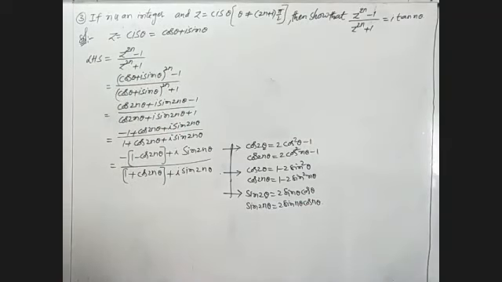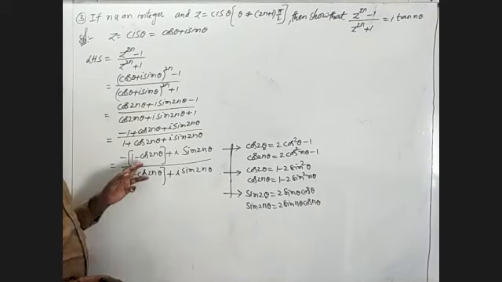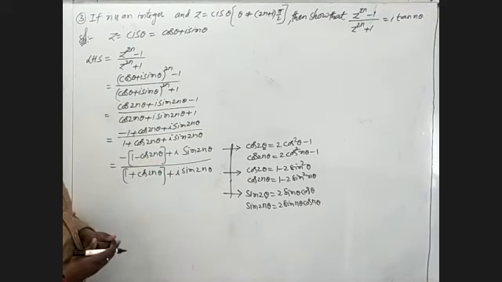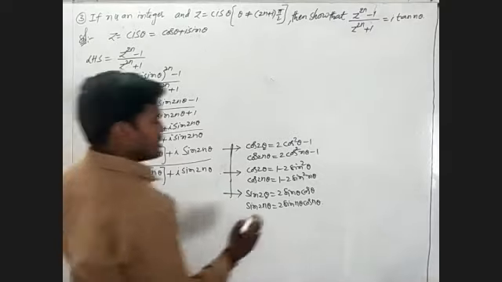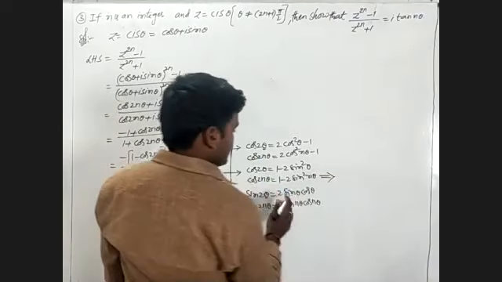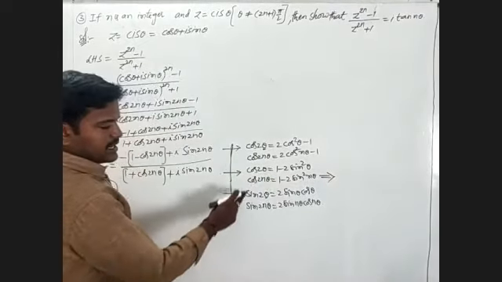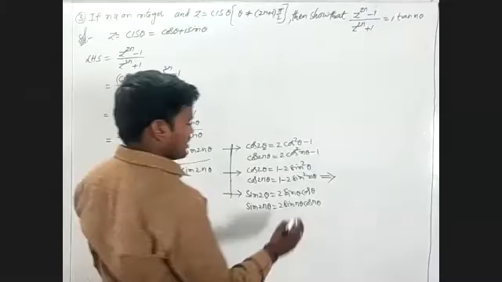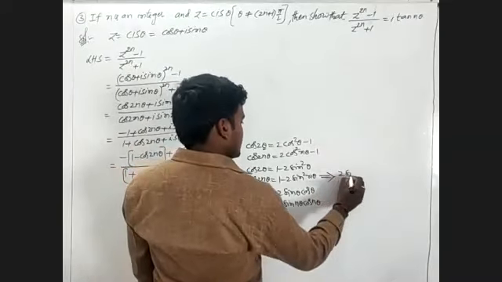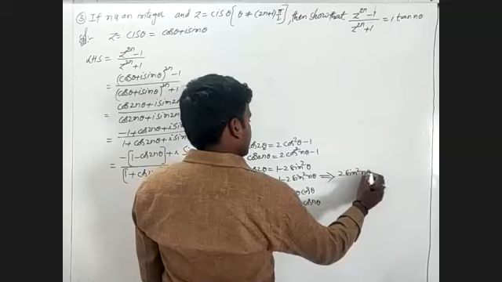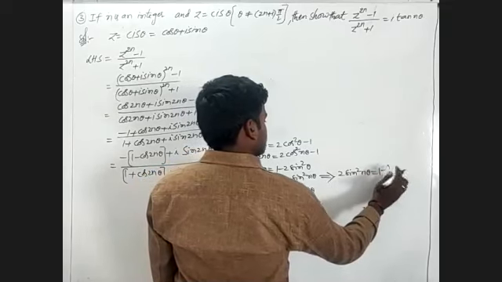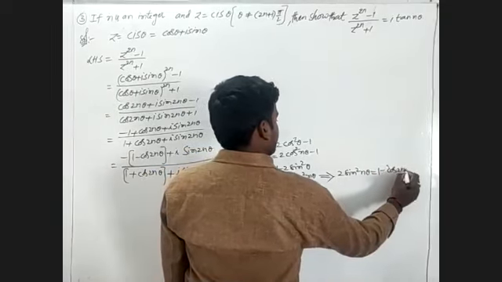Here we observe, first, cos 2n theta. How to expand this? The plus value goes to that side and this value comes to this side, so 2 sin square n theta is equal to 1 minus cos 2n theta.